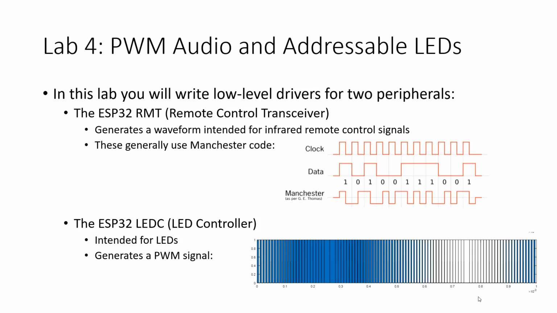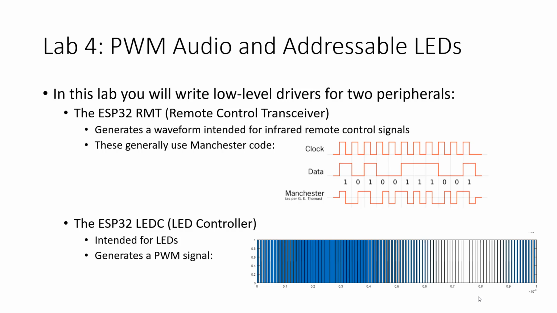The idea is that it was called remote control transceiver because it was designed to talk to IR remotes, which usually use a Manchester type coding system where you have a clock and then you have your data. And the way that you modulate the data on the clock is you do an XNOR operation between the clock and data.